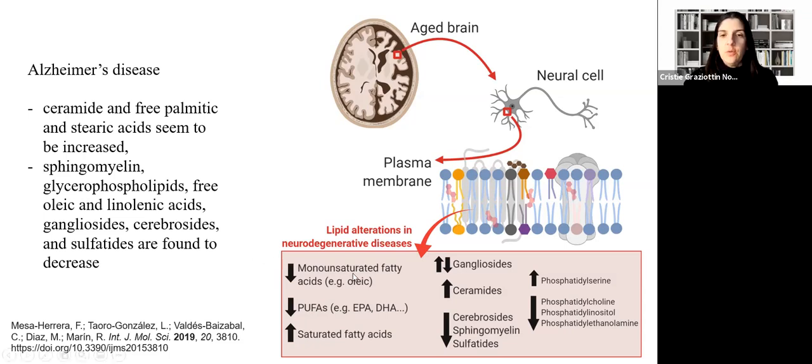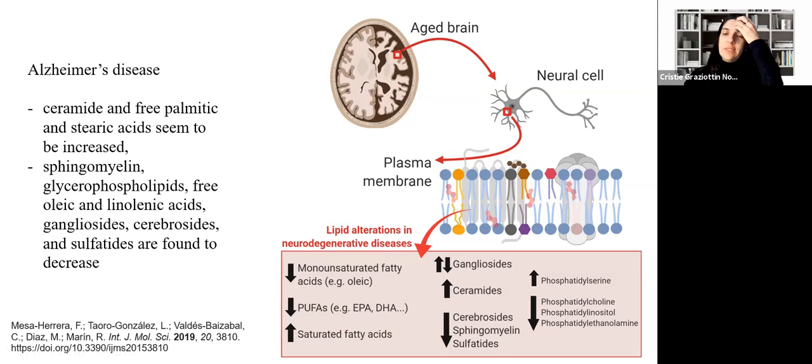For example, we see reduced monounsaturated fatty acids, increased saturated fatty acids, increased phosphatidylserine, and decreased phosphatidylcholine, phosphatidylinositol, and phosphatidylethanolamine.